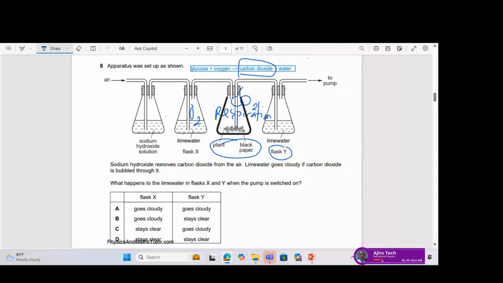And what does lime water do when it absorbs carbon dioxide? It goes cloudy. So the carbon dioxide will be bubbled through this, and so it goes cloudy. So your initial answer is correct, which is C. In flask X it is clear, but in flask Y it goes cloudy.